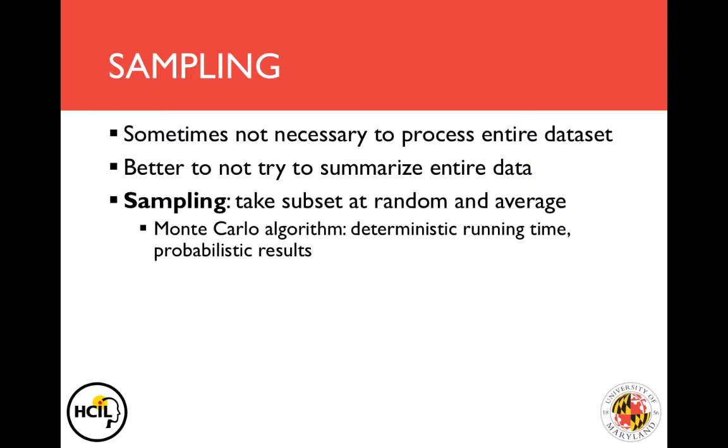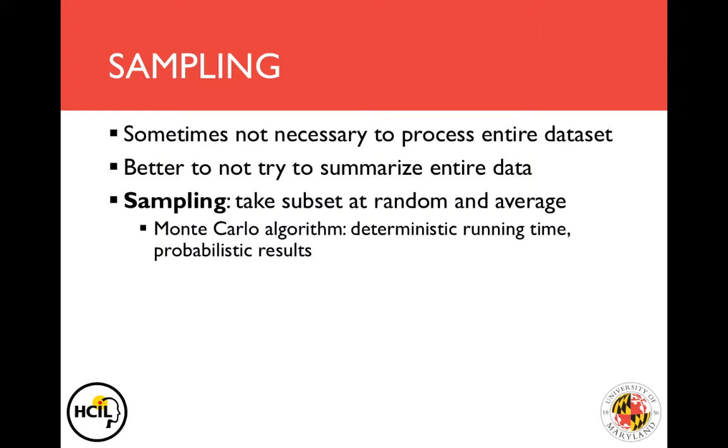So it can be better to try not to summarize all the data, because summarizing all of it can be really slow. It can be confusing if we try to visualize it, but we can get pretty accurate results if we just take a random subset and deal with that in our analysis.